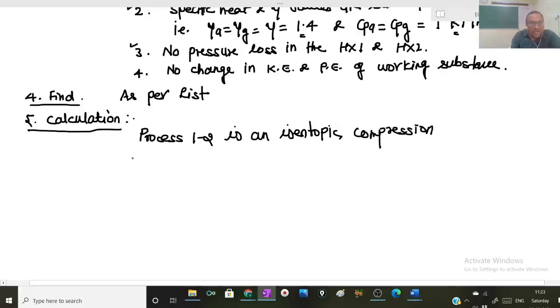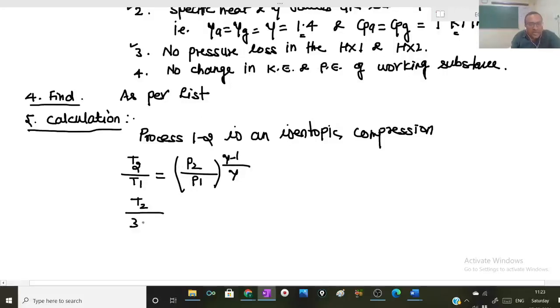So we have this relationship from thermodynamics: T2 over T1 is equal to P2 over P1 raised to the power gamma minus 1 over gamma. For an isentropic process, this relation is applicable.